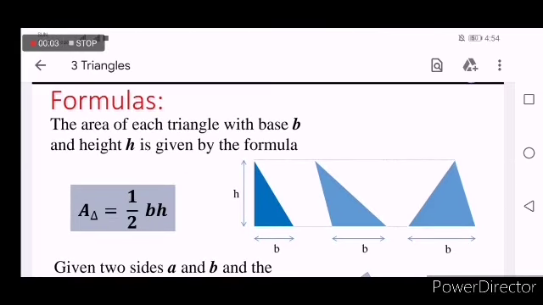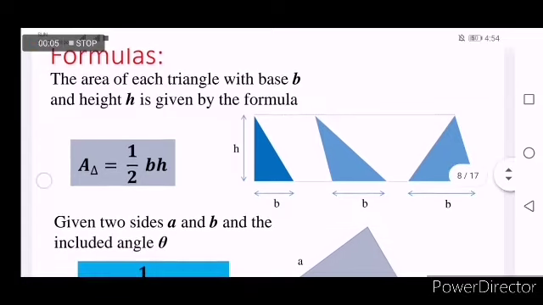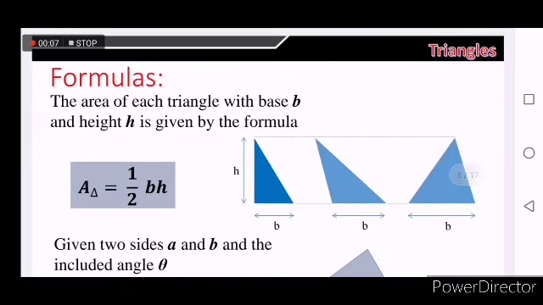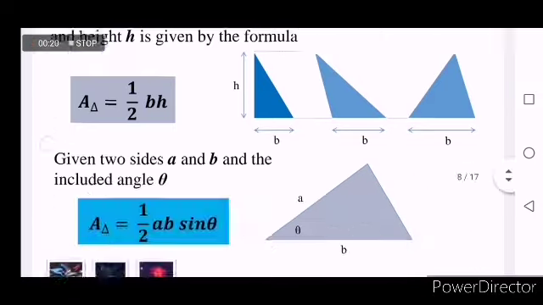And these are the formulas that we're going to need later. The general formula for the area of a triangle is what? Given as one half base times height. So if you have the base of the triangle and the altitude of the triangle, then you can use this formula.